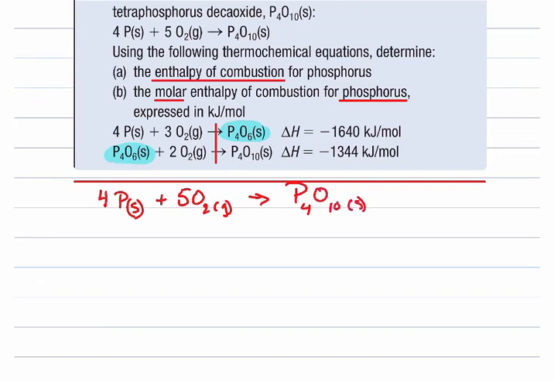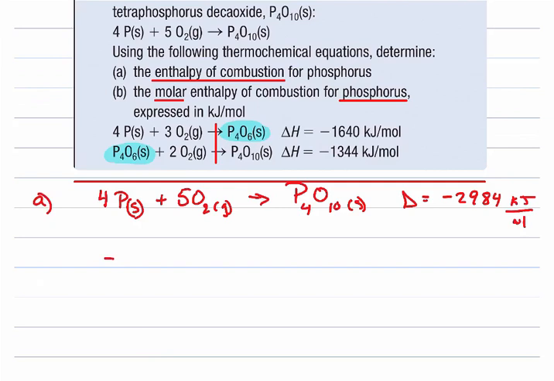And our enthalpies are just going to add. So we're going to figure out what the total enthalpy change is, and that's going to be negative 2,984 kilojoules per mole. Now that's how much enthalpy we get if we burn 4 phosphoruses. So how much are we going to get if we burn only 1?